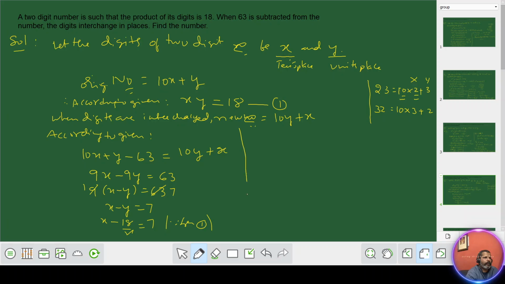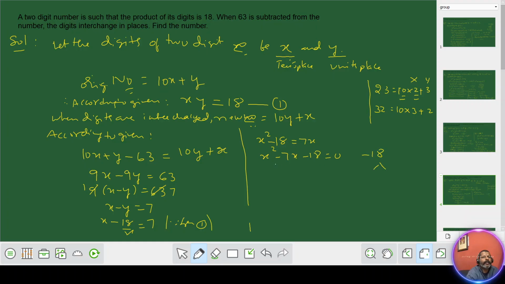Now take the LCM. x is the LCM: x square minus 18 is equal to 7x. Take that to the left hand side: x square minus 7x minus 18 equal to 0. This is the quadratic equation. Now find the roots.